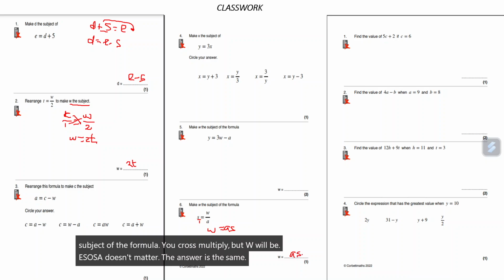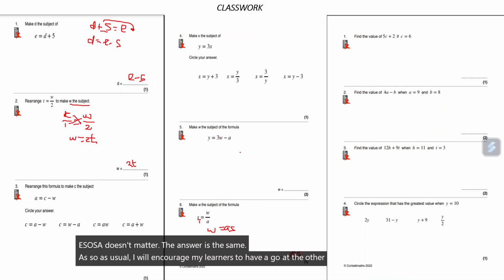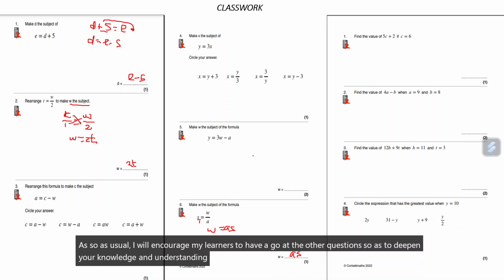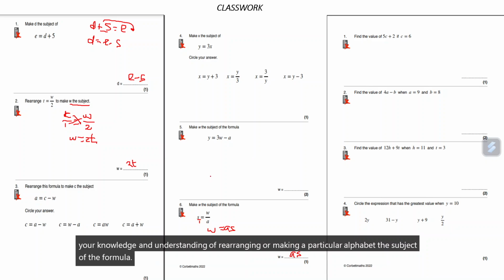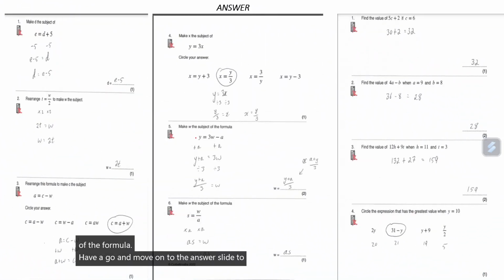As usual, I will encourage my learners to have a go at the other questions so as to deepen your knowledge and understanding of rearranging, or making a particular alphabet the subject of the formula. Have a go and move on to the answer slide to cross-check your answer.